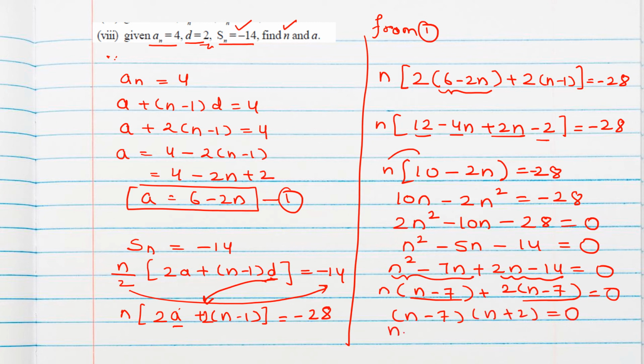So n minus 7 equal to 0 or n plus 2 equal to 0. So n equal to 7 or n equal to minus 2. n equal to minus 2 is invalid, n cannot be negative. So therefore n is 7.